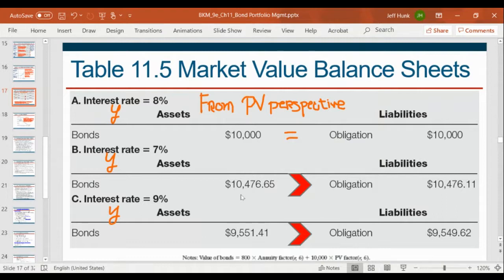Our present value of our assets is 10,476 and slightly greater than the present value of our obligation, right? So, our portfolio is immunized, right?